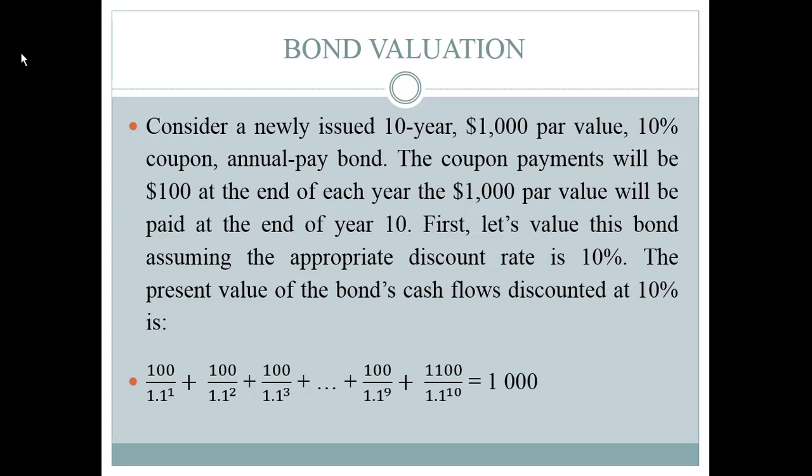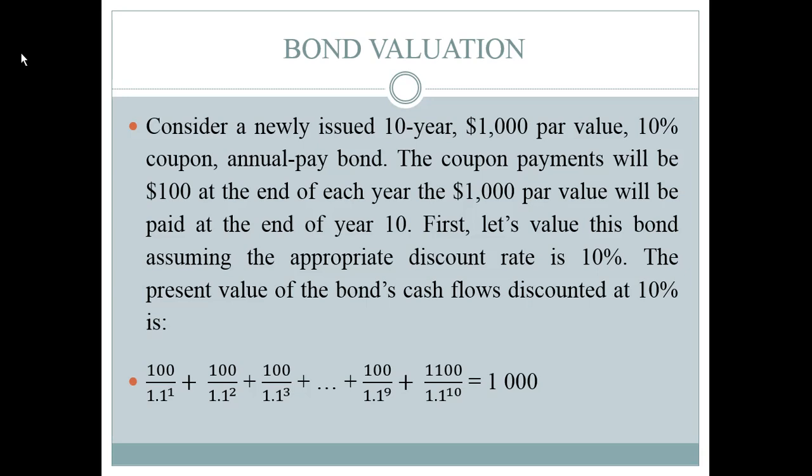Okay, and you said our discount rate is 10%, and then we'll add the discounted coupon of year 2, the discounted coupon of year 3, and so forth. Year 4, year 5, we do the same. Year 6, year 7, year 8, year 9, and then at the final year we will receive the coupon of 100, but we'll also receive the par value of 1,000.